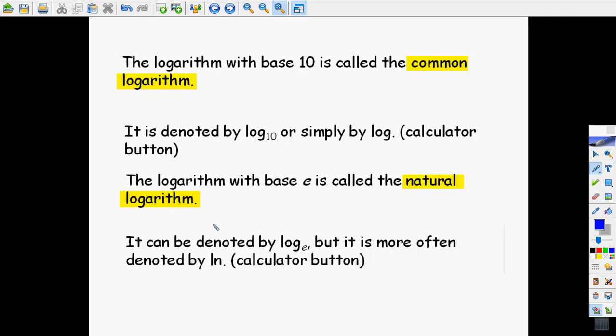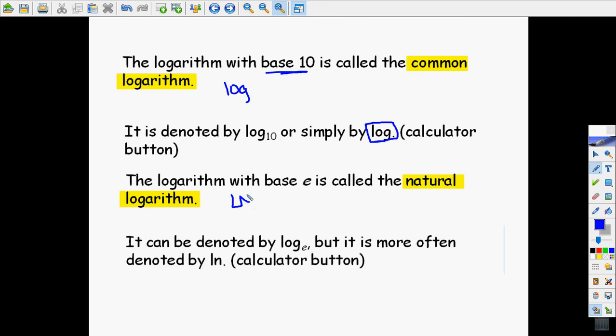So whenever you have something with a base 10, that's called the common log. The calculator you have that has a log button on it doesn't have a little base with it most often because it's just assumed that that log is base 10, right? So this is what your calculator usually says without a little base because it's assumed that it's 10. The logarithm with base e is called natural log.